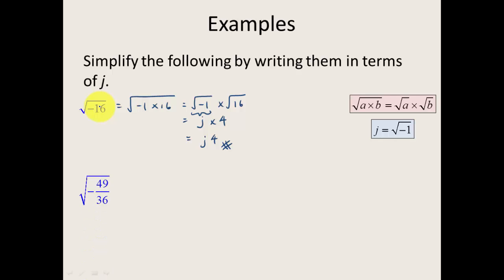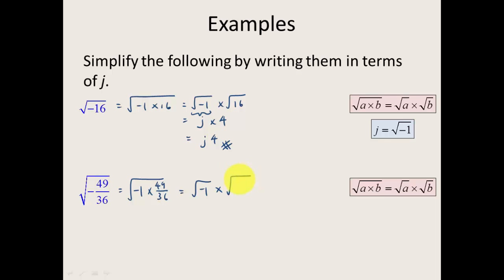So j4 is the same as the square root of negative 16. Let's try another one. I have the square root of negative 49 over 36. Let's do something similar as before. Write it as negative 1 times 49 over 36 inside the square root. And just like before, I'm going to use the same law of indices to split it up. Now, j is the square root of negative 1, so this becomes j.